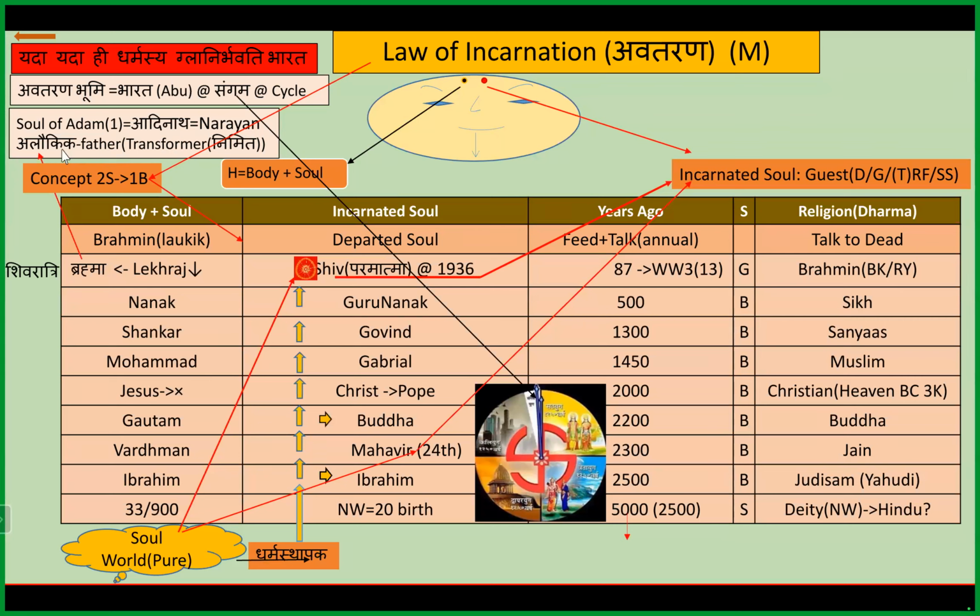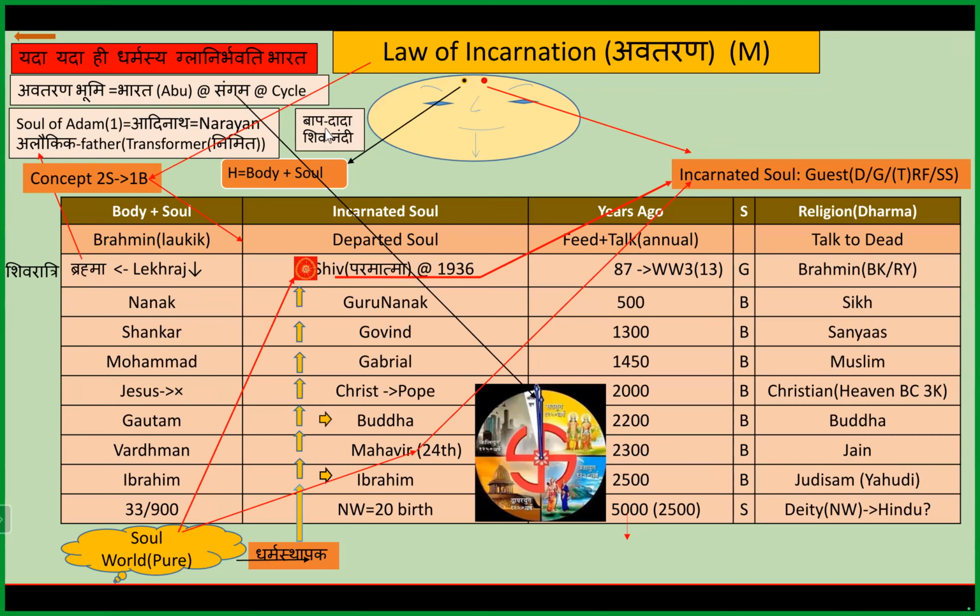So this is the Alokik father. We have a Lokik father by birth, and the Alokik father is through Mukhvanshavali, and because he becomes the nimit of the transformation of this world, he is actually a transformer, but people call him Brahma or a creator.